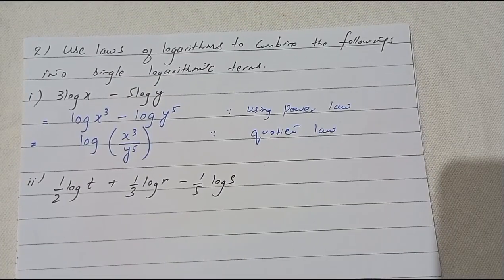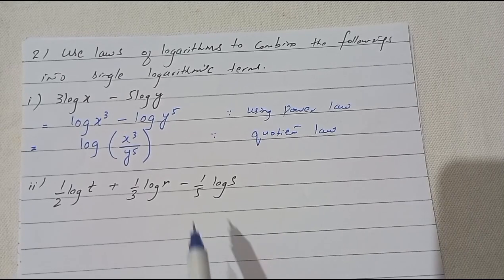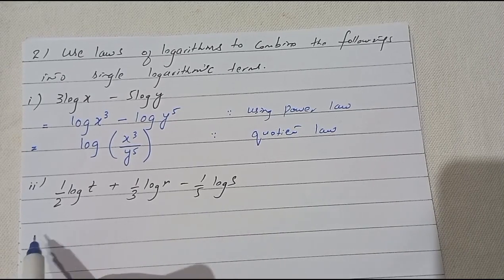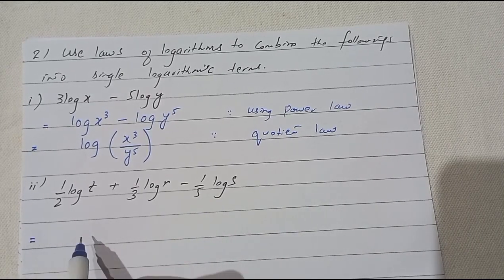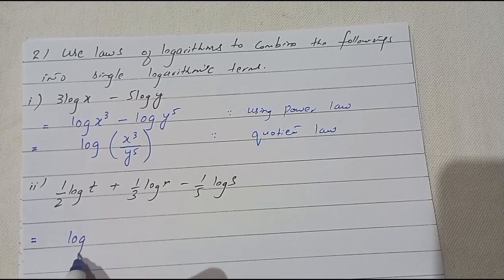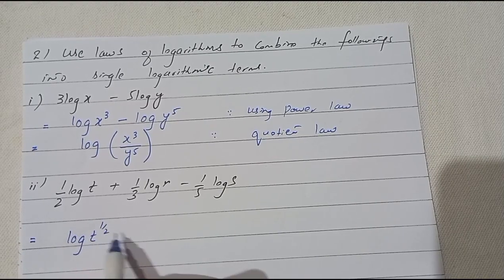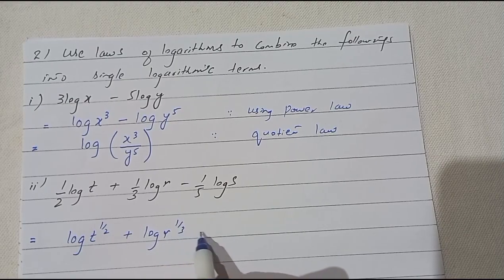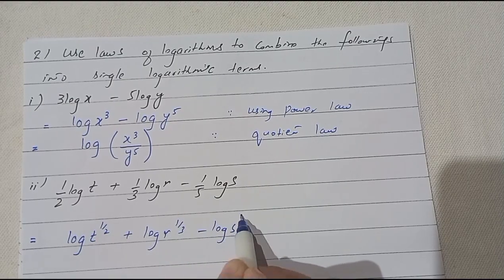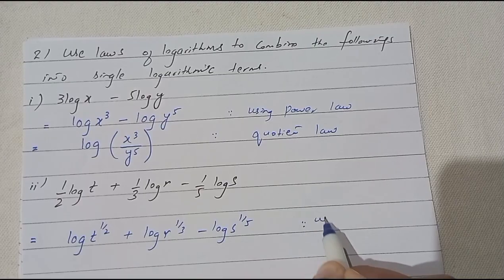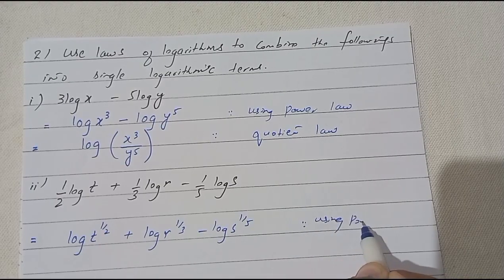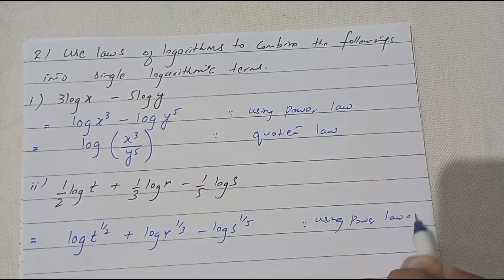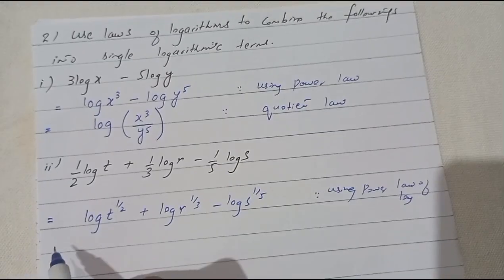The next question is 1 by 2 log of t plus 1 by 3 log of r minus 1 by 5 log of s. We have to write it in single log form. So first we write them as powers using power law of log: log t power 1 by 2 plus log r power 1 by 3 minus log s power 1 by 5. This is the power law of log.